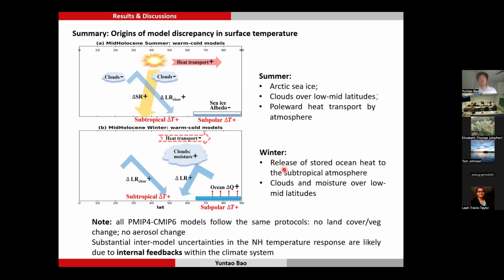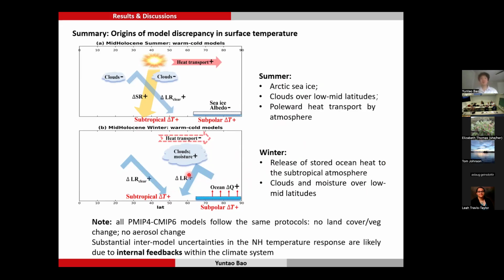For the winter, the two main processes are, again, the release of stored ocean heat to the subpolar atmosphere, and this heat is actually coming from the previous summer because of the sea ice loss. Another one is coming from the clouds and moisture.